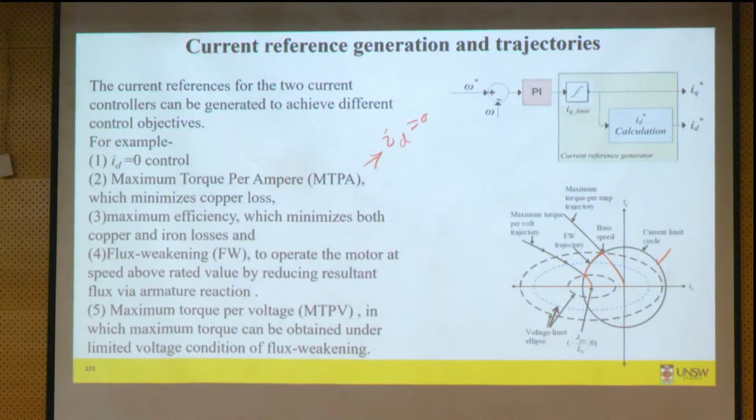Okay, for SPM. But for IPM this is not the case. For IPM, we will need to find a particular value of ID. Okay, ID is not 0 for IPMSM. So what is this ID value for MTPA? How do we calculate it?